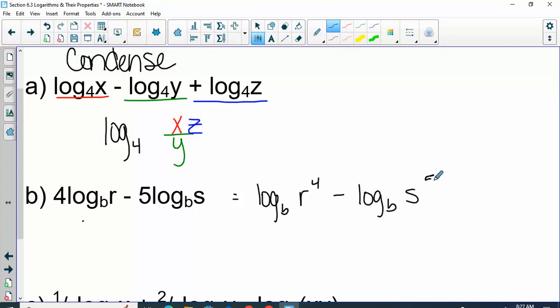Okay, so if I'm just looking at those coefficients for a minute, coefficients turn into exponents. Now these logs are subtracted. If logs are subtracted, how do we put them together? Divide. The positive one is on the top, the negative one is on the bottom. So it's r to the 4th divided by s to the 5th.